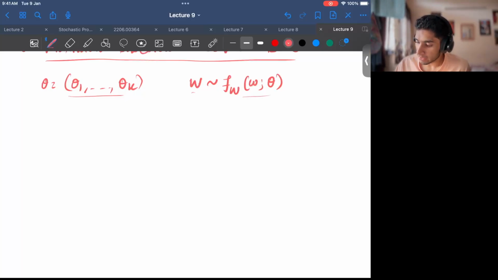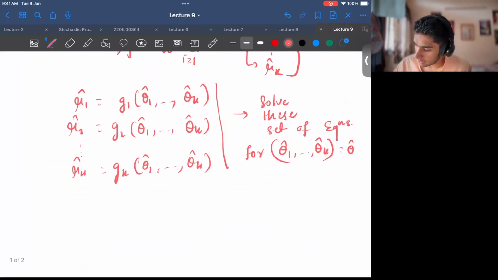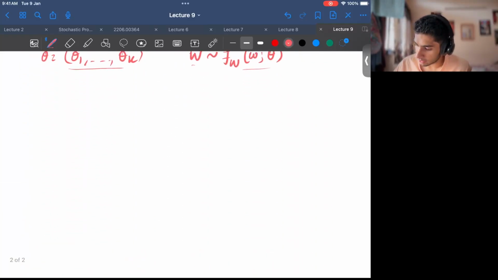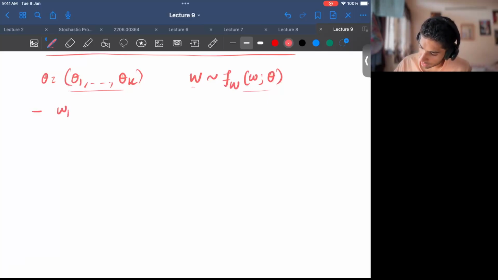Now what you say is, basically you have these W1 till WK that are sampled, that is given to you, IID from f_W of w, theta.